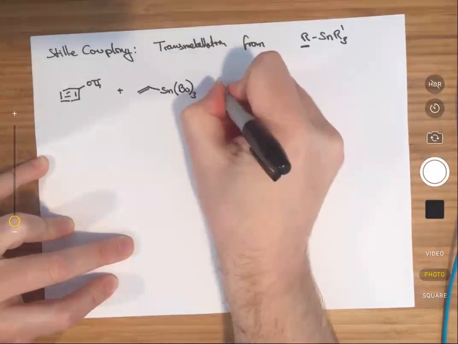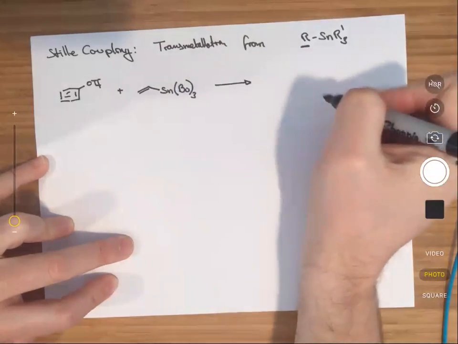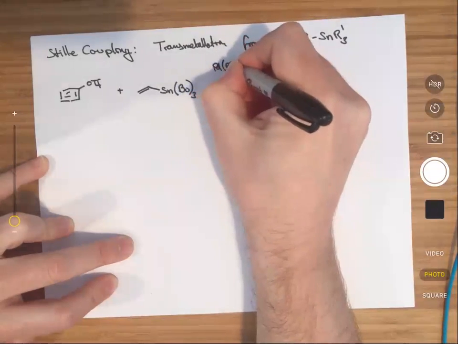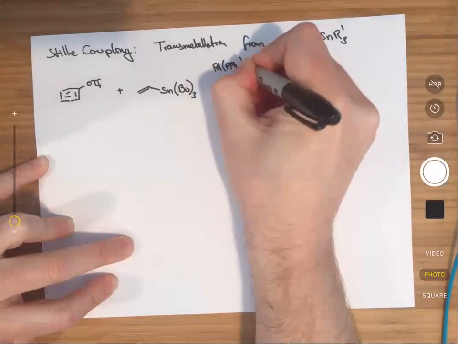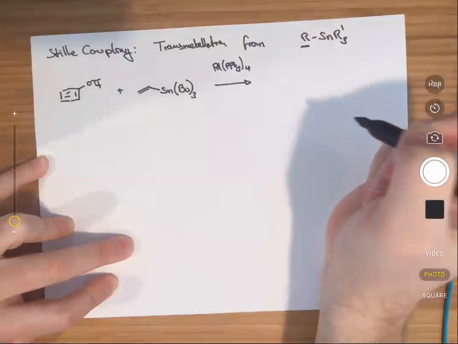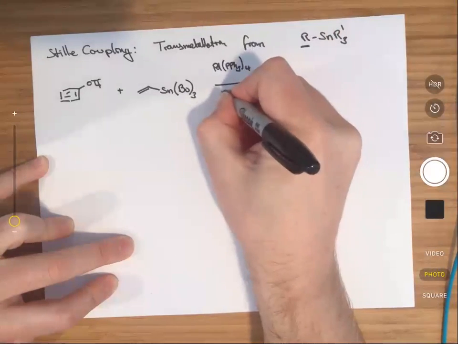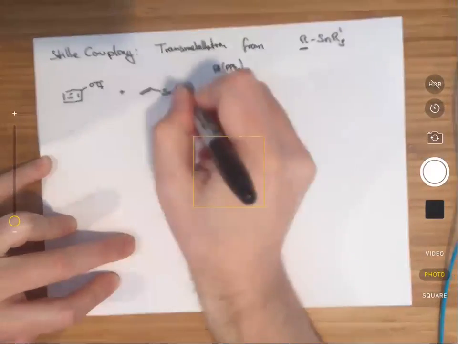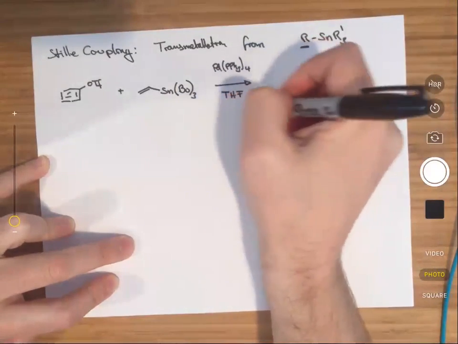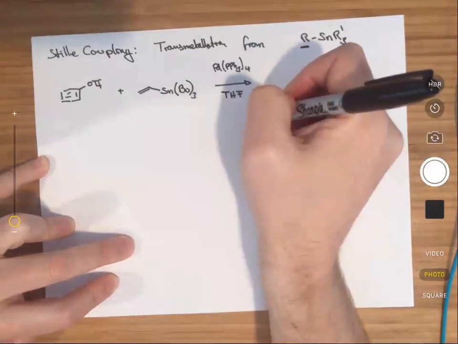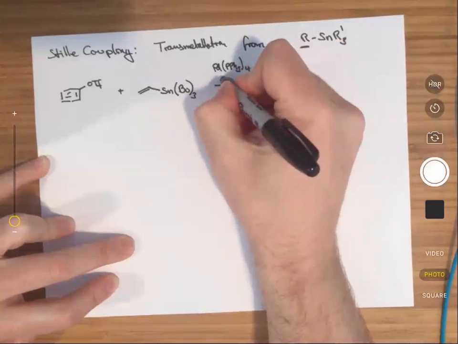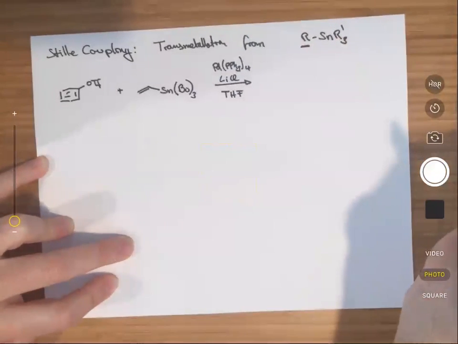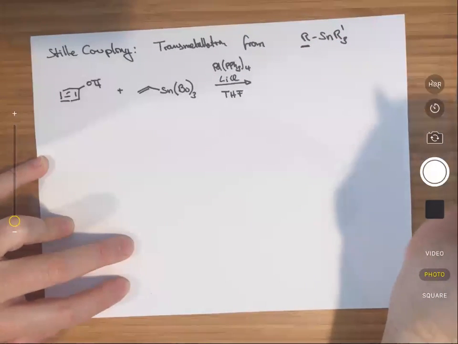And then the reaction conditions for these are very similar. So we need a palladium catalyst. We can use palladium tetrakis here again. We can use a solvent like THF for these reactions. And usually, in order to make this work better, there is a variety of additives that can be thrown into the reaction mixture. Most often, this is simply a salt like lithium chloride that accelerates the reaction.